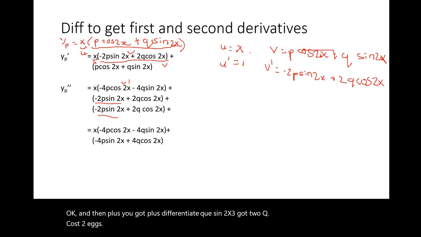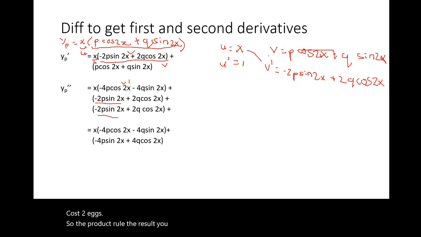So the product rule result is u v prime plus v u prime. This is v u prime.